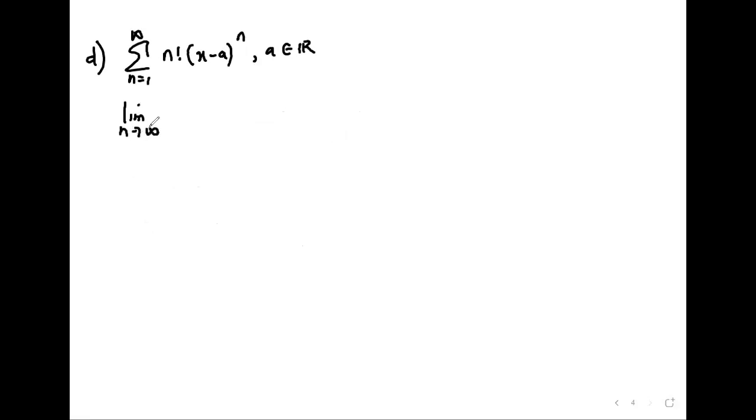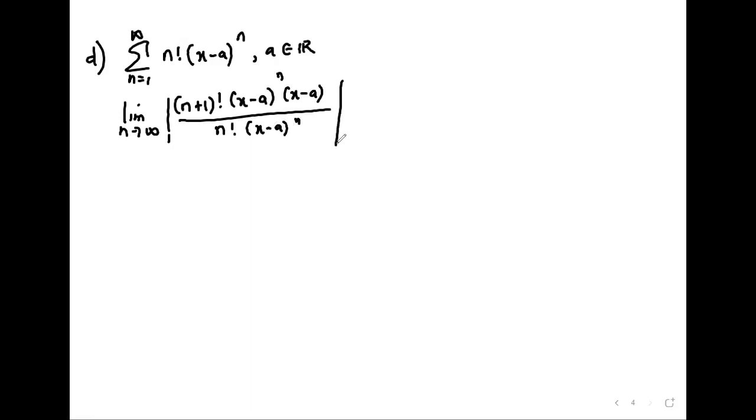The ratio test works perfectly for factorial terms. So we have n plus 1 factorial, and then x minus a to the power n multiplied by x minus a, over n factorial times x minus a to the power n.